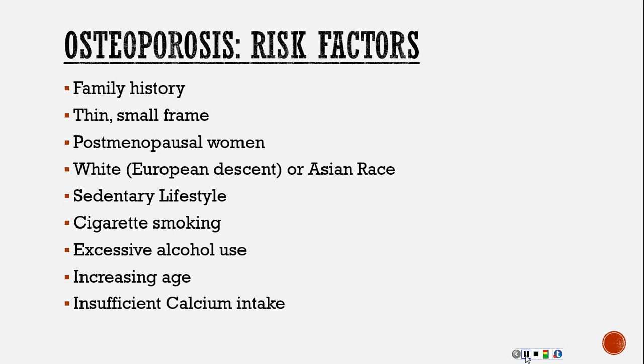All right. We also look at race. White women or women of European descent or Asian race are more likely to have osteoporosis develop. All right. We also look at activity level. Okay. Sedentary lifestyle. Well, for one, what do we say activity does for bone growth?